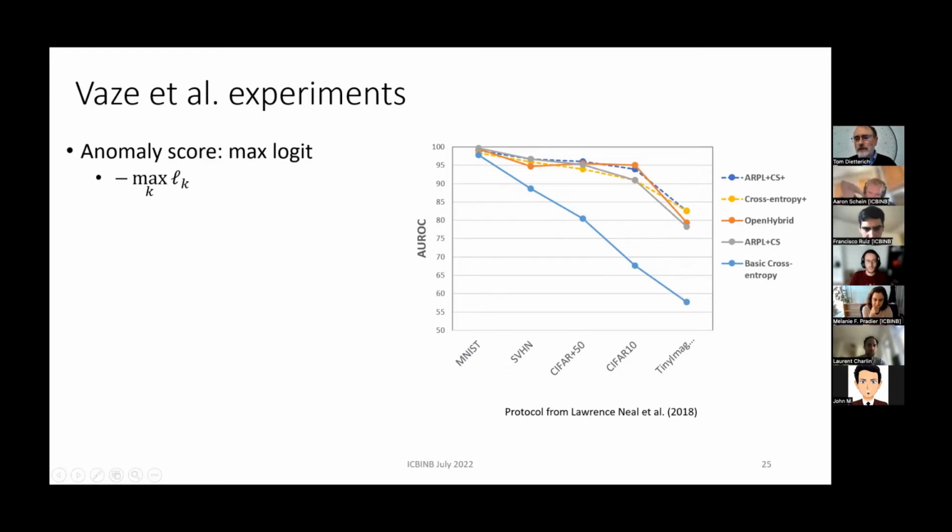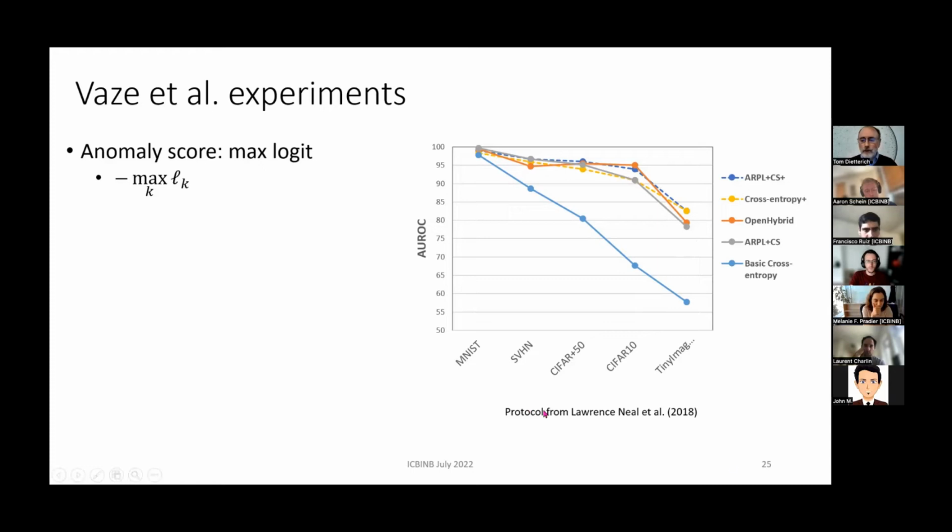If you do what they call cross-entropy plus, which was all of these tricks, and compare against state-of-the-art techniques like something called OpenHybrid that fits a density model to the Z's, or this thing called adversarial reciprocal points, which is a very clever technique, you can match the performance just using the maximum of the logit scores of a really well-trained state-of-the-art classifier.